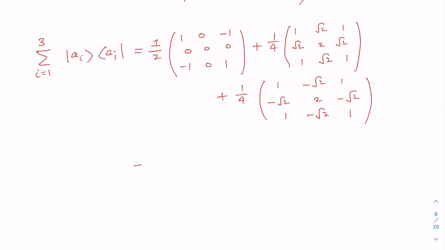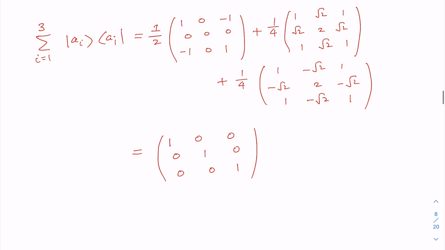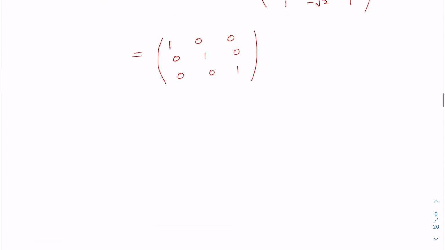In fact, if you sum it up, you will finally get (1, 0, 0), (0, 1, 0), (0, 0, 1). So that is the identity matrix. Therefore, we proved that this set of eigenvectors a1, a2, a3 forms a complete basis.